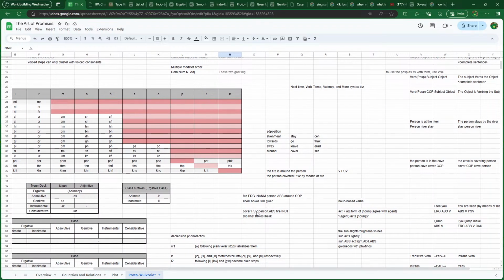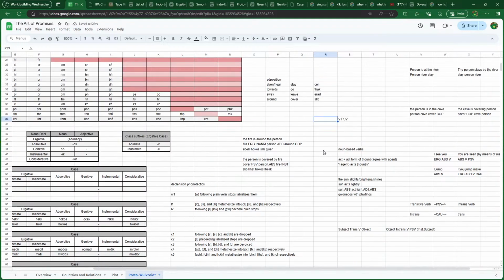Here's what we got. This roughly translates to the fire is around the person. And this one is the person is covered by fire. There we go.